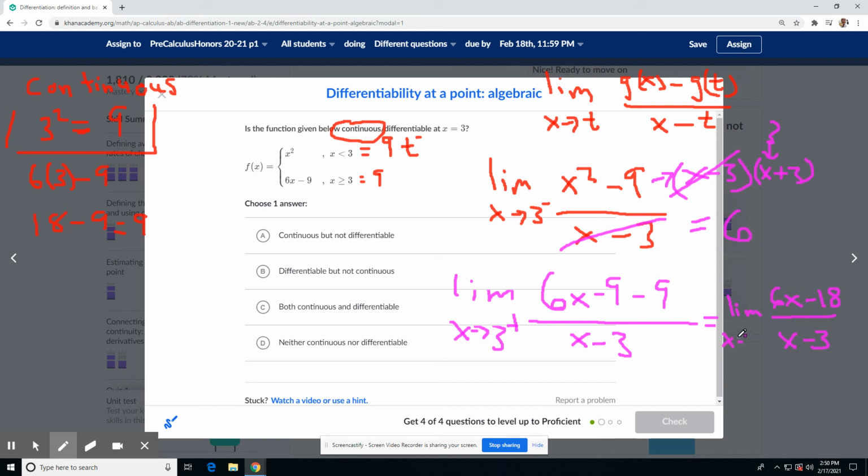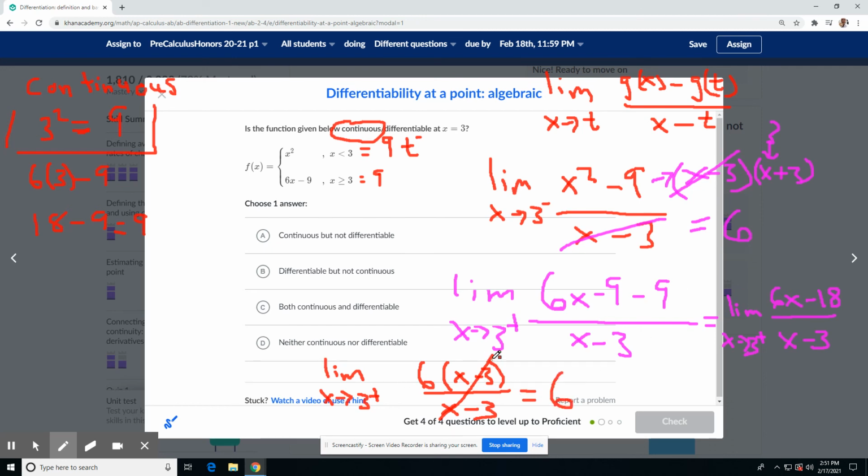We're still going to 3 from the positive side. And there's a common factor. There's a lot of rewriting on these. There's a common 6 here, so I'll pull the 6 out. x minus 3 is left over x minus 3. It reduces, and it just outputs 6.